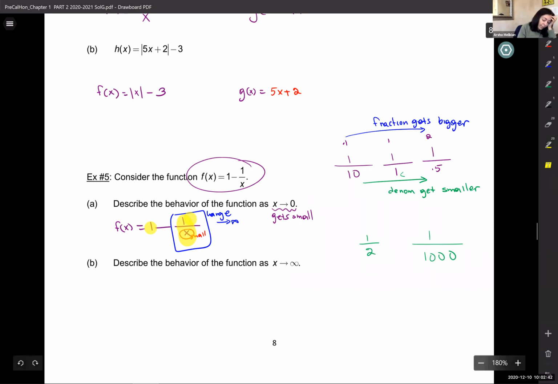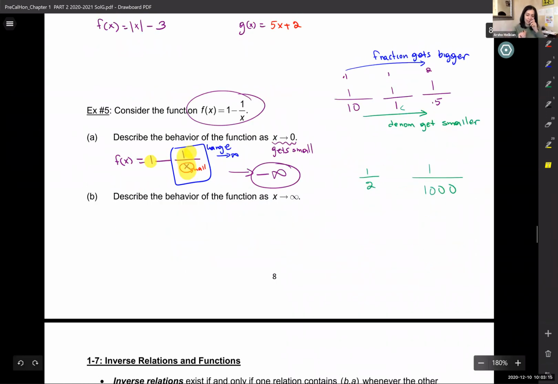So 1 minus a very large number is a negative number, but also a very large number. So if I have something like 1 minus infinity, it's just negative infinity. Okay, let's think about that one more time. If I have 1 minus a million, what value is it? It's negative, but almost a million, right? So that's sort of what we're talking about.